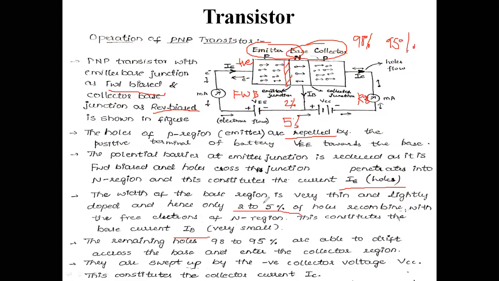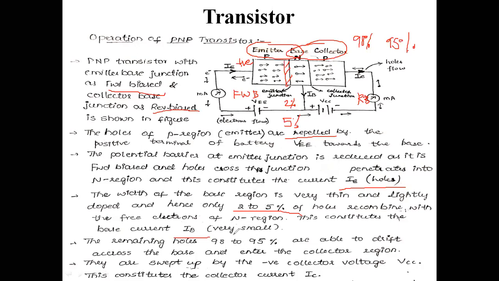That is the meaning of this. 2% to 5% across the base, and 100 minus 2% is 98, and 100 minus 5% is 95. 98 to 95% are able to drift across the base, that is, the drifting of the charge carriers will take place, and the flow of current is mainly because of the majority charge carriers, that is holes.